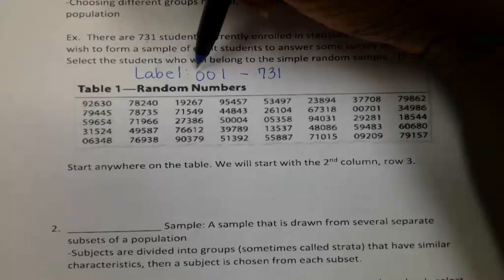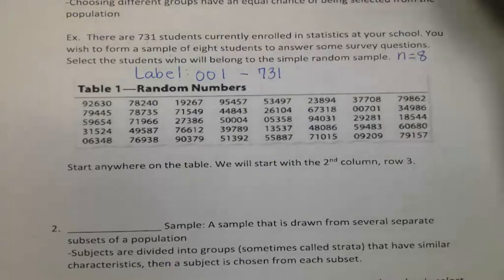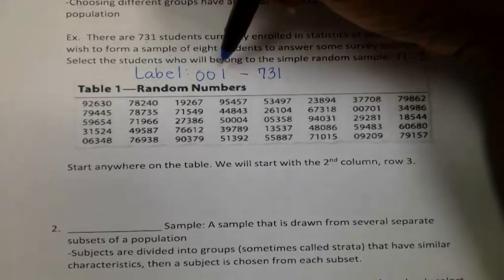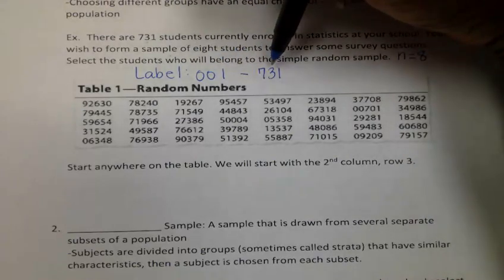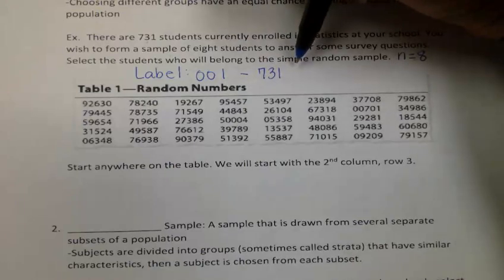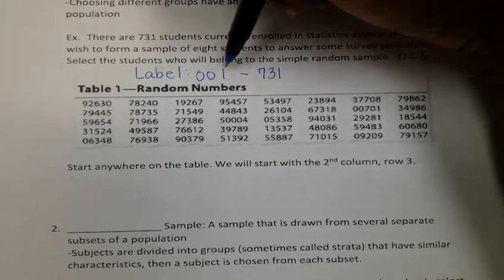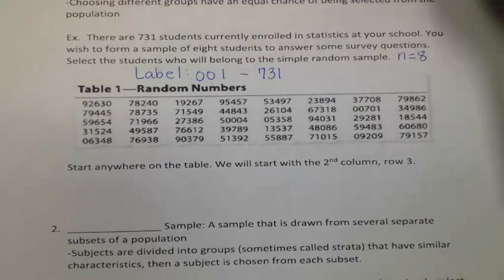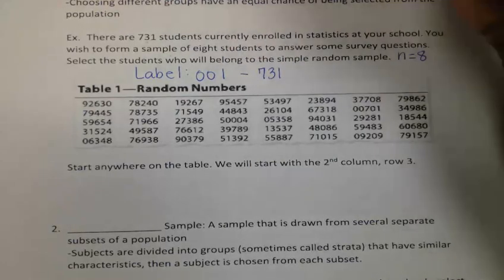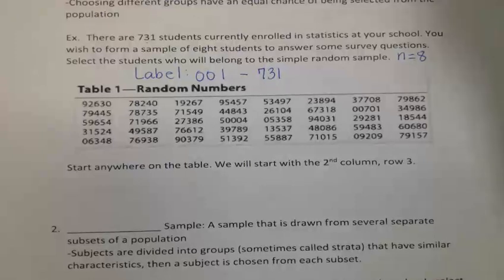So if I had 1,000 students, then it'd be 0001 to 1000. The digits have to match. If it was 49 students, it would be 01 to 49. Okay, so the digits have to match, and you'll see why.